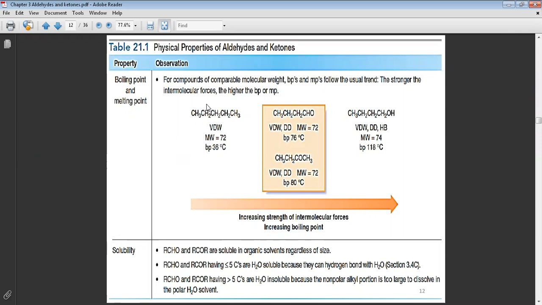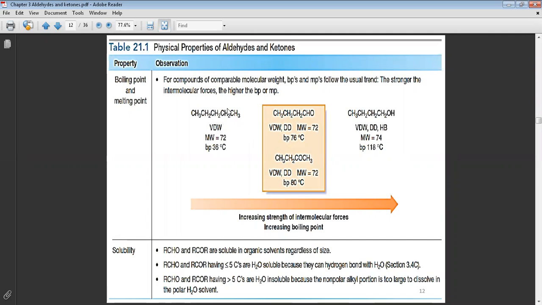For compounds compared at similar molecular weight, the physical properties, boiling point and melting point, depend on intermolecular forces: the stronger the intermolecular forces, the higher the boiling point. The alkane has just van der Waals forces.